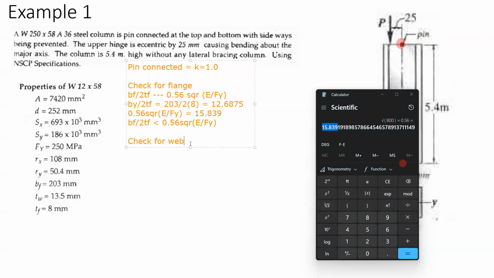So, pag web ang gagamitin natin, we have H over T, the thickness of the web, and we compare that to 1.49 the square root of E over Fy pa din. Let's first check for H over TW.